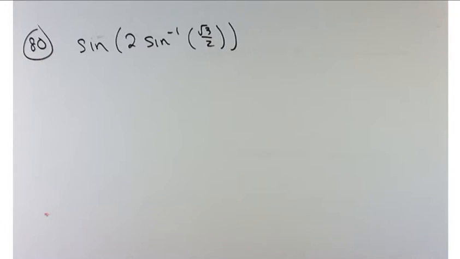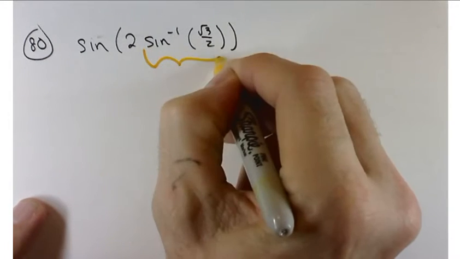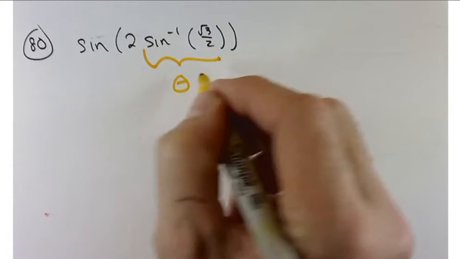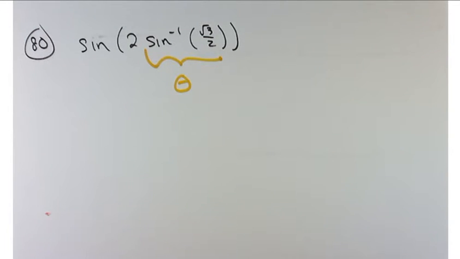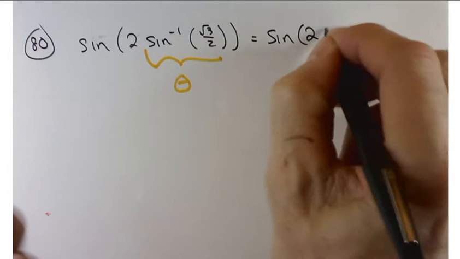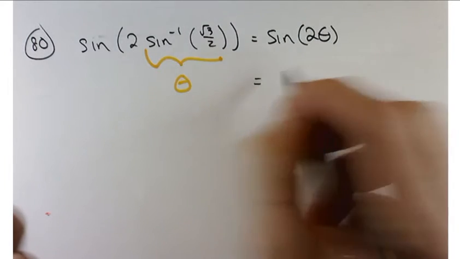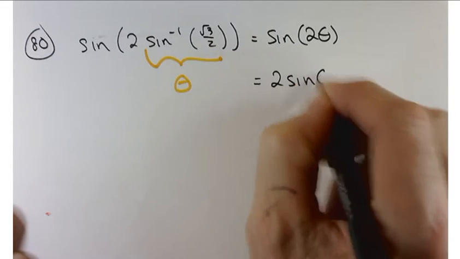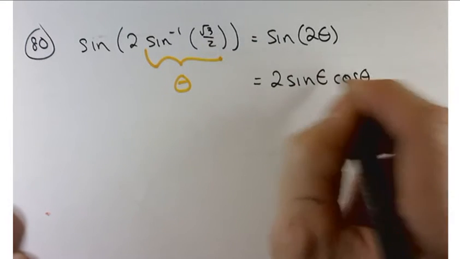When you have the inverse trig function of something, that's going to give you an angle. Call it theta, call it alpha, whatever your favorite Greek letter is. So essentially this is sine of 2 theta. We have a formula for sine of 2 theta. It's 2 sine of theta times cosine of theta.